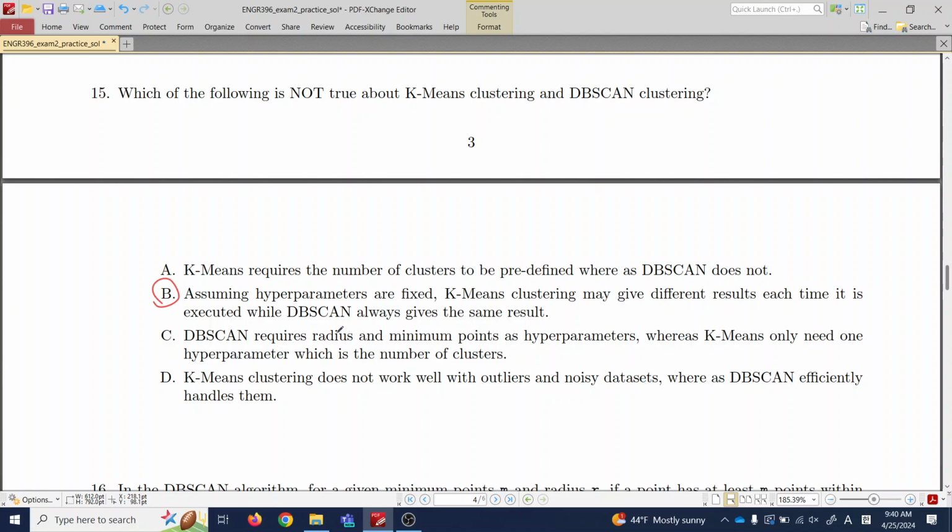So you have to provide the r value and the m value for it to begin. For k-means you have to provide the k value, which is the number of clusters. K-means clustering does not work well with outliers and noisy data sets, whereas DBSCAN efficiently handles them. That's correct. That's the reason why DBSCAN was developed.